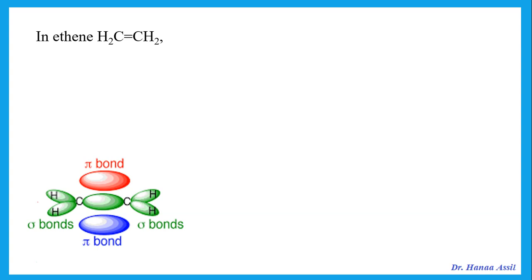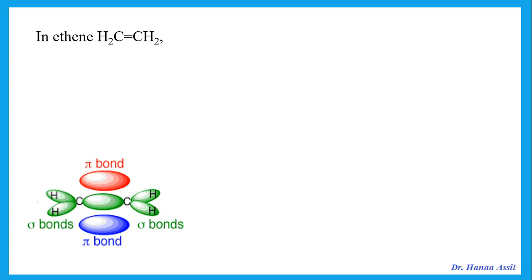What if we're talking about ethene? Now, what do we have in ethene? We have each carbon, remember we're talking about each carbon. Each carbon needs to make 3 sigma bonds and 1 pi bond between it and the neighboring carbon.